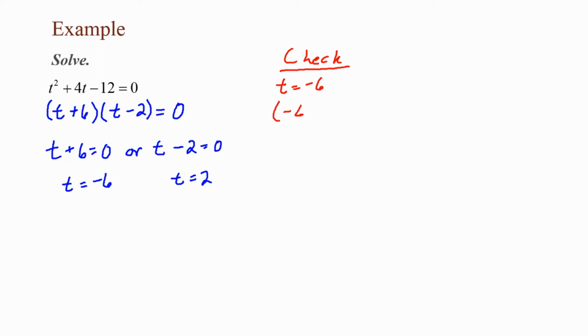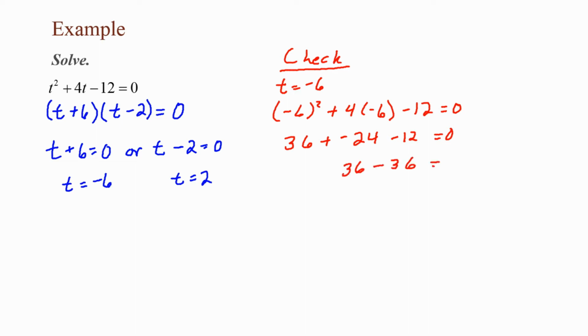So we have negative 6 squared plus 4 times negative 6 minus 12 equals 0. Negative 6 squared is 36. 4 times negative 6 is negative 24, minus 12 equals 0. 36 minus 36 equals 0, so 0 equals 0.